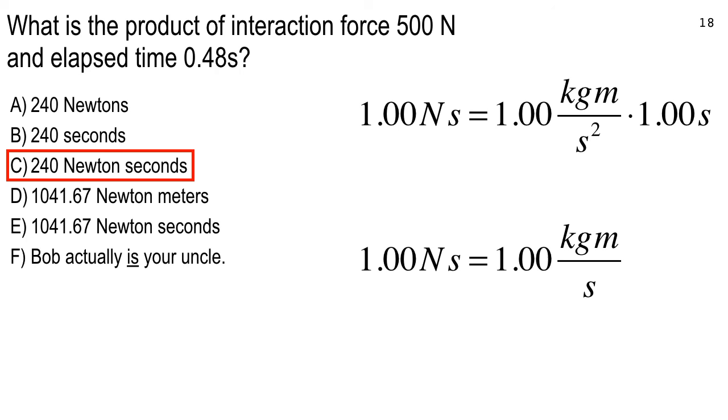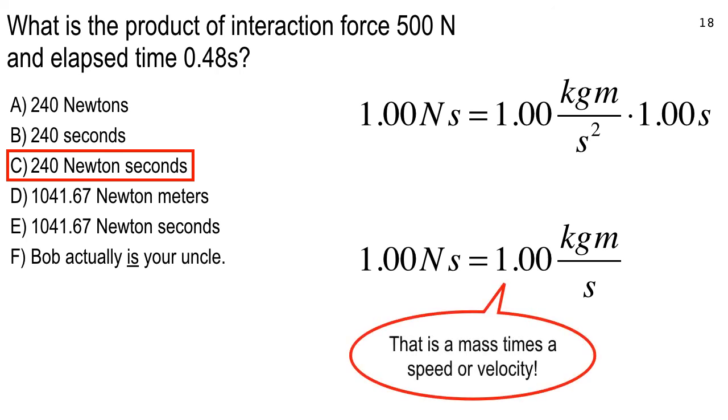And that's important for us because it shows you that F times delta T has the same units as a mass times velocity or speed. So make a note of that. F delta T has the same units as mass times velocity. Kilogram meter per second.